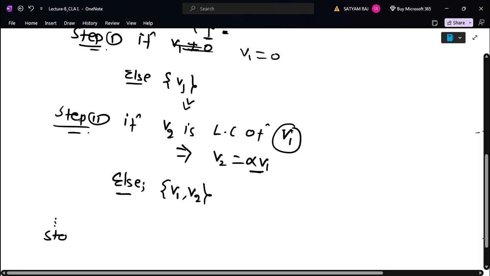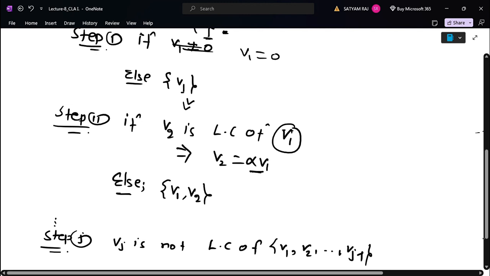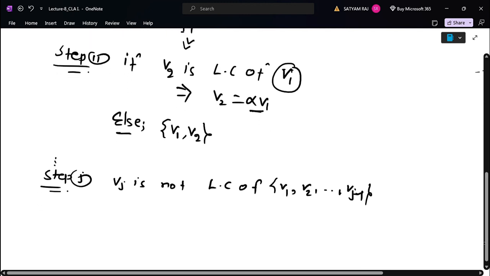So in step j, if vj is not a linear combination of v1, v2, ..., vj minus 1, that is, of all the vectors previous to vj, we will take vj in our set. So the new set will be this one.